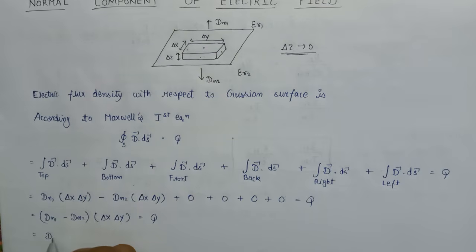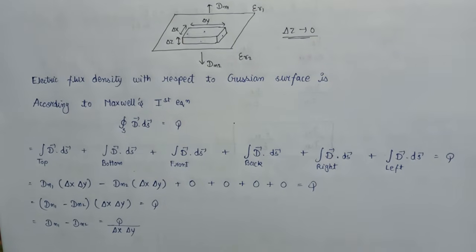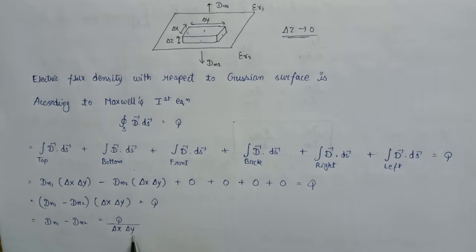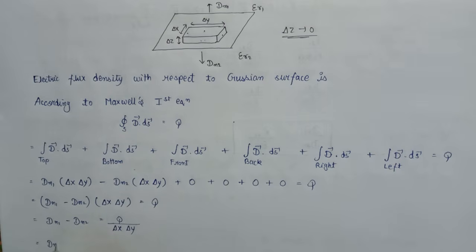So this can also be represented as Dn1 minus Dn2 equals Q over del x del y. Now this del x del y represents the area only, that's why we can also write Dn1 minus Dn2 is equal to rho. This rho represents the surface charge density.